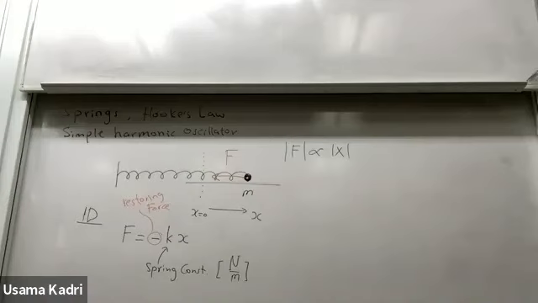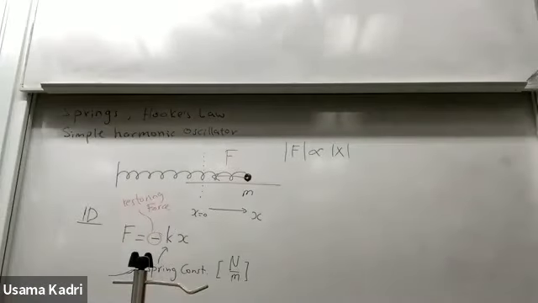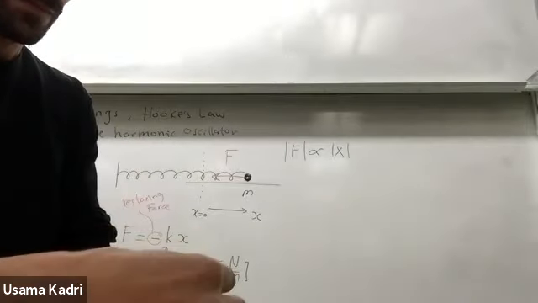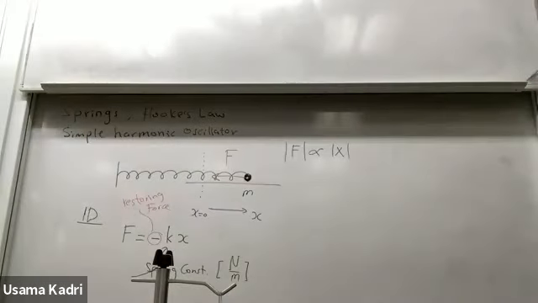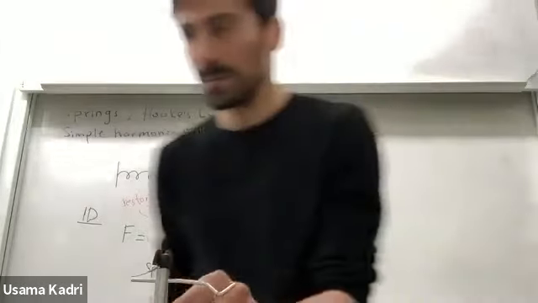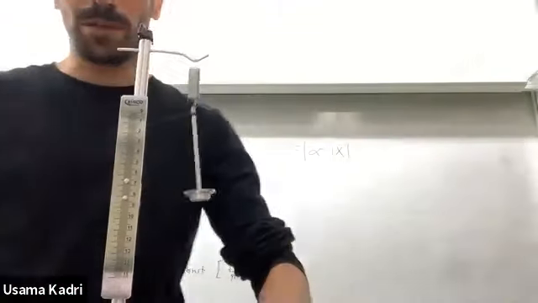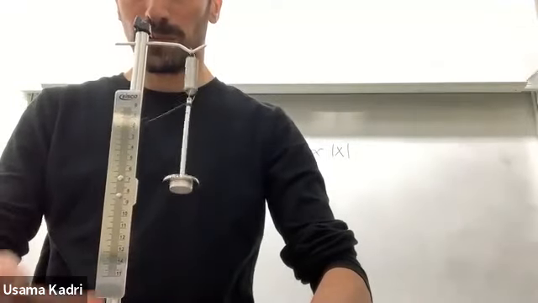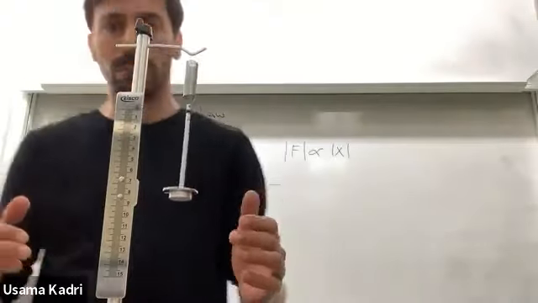The first thing we want to do now is quite easy. I can show you here. I'll raise this up a little bit. Okay, so what you have here is quite a nice spring, so it is following Hooke's law.